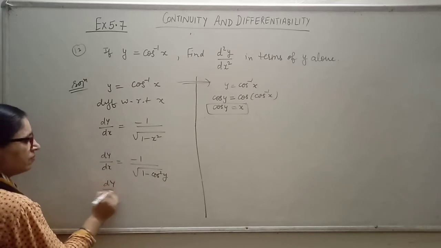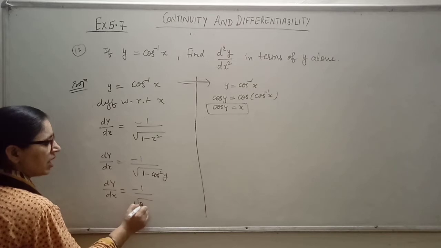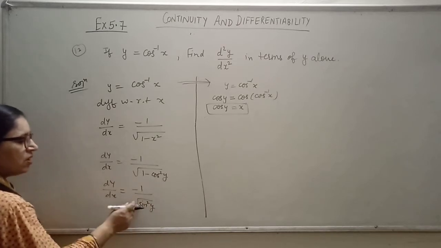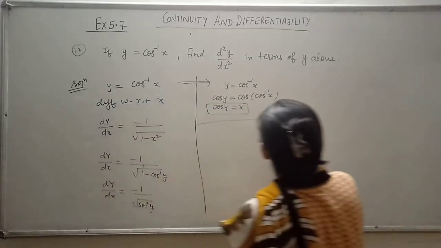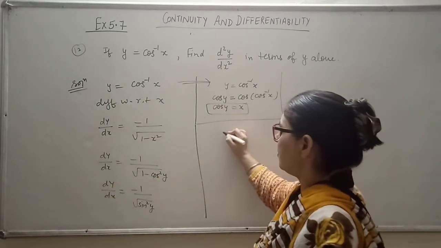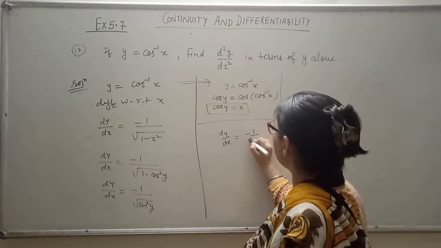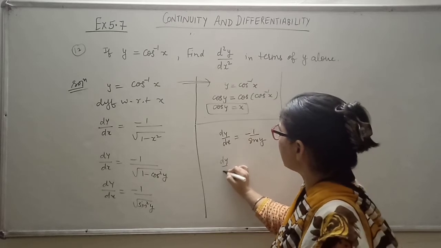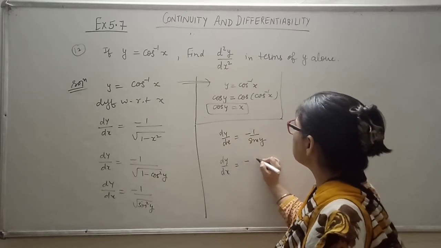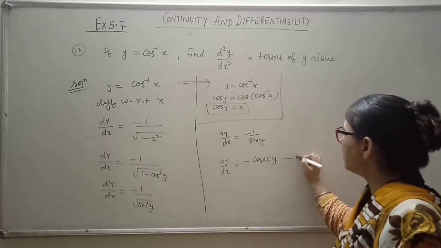It becomes minus 1 upon square root of sin square y, so dy by dx is equal to minus 1 upon sin y. So dy by dx is equal to minus cosec y. Name it 1.